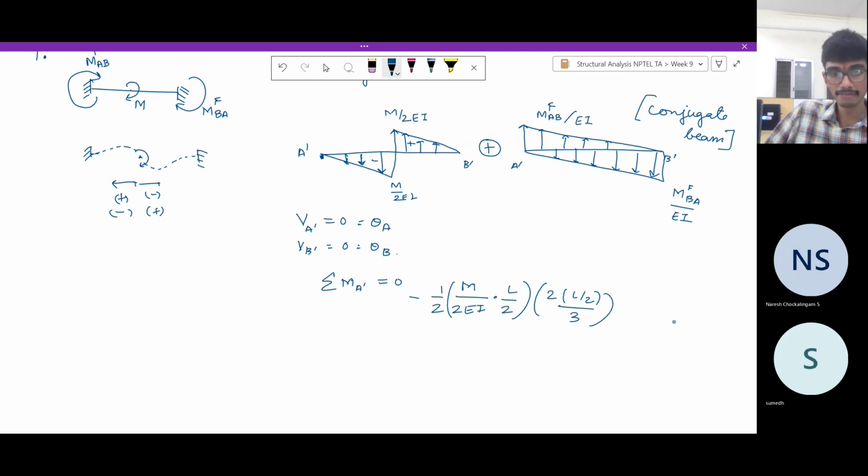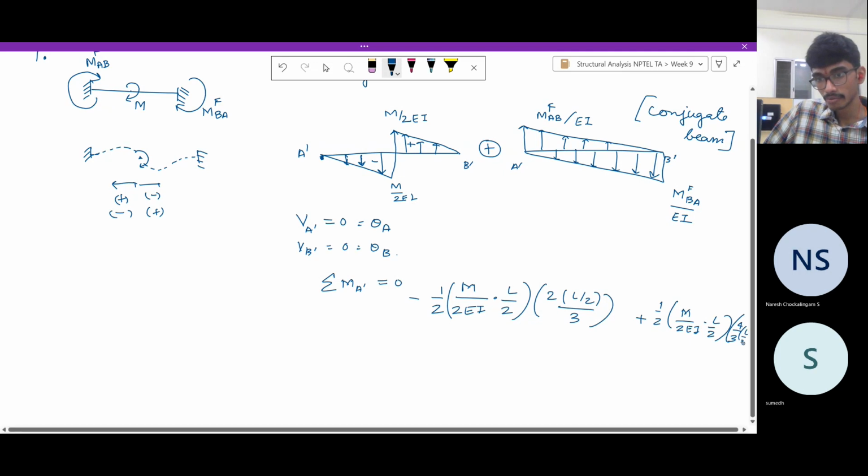Let me take it as negative, plus the other half, right? So that acts at half M by 2EI, L by 2. And that acts at L by 2 plus L by 2 by 3. So it acts at 4 by 3 of L by 2.